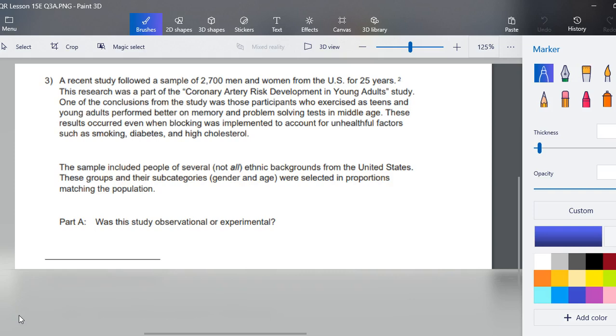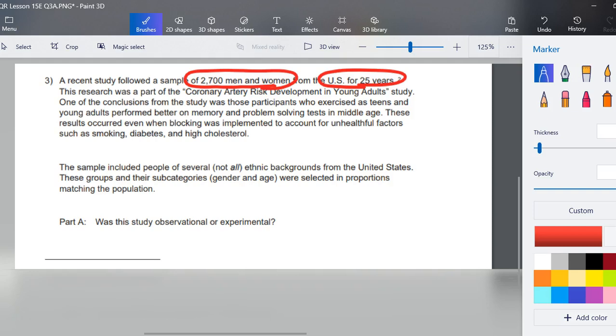So on question number 3, it says there was a recent sample of 2,700 men and women from the United States for 25 years. This research was a part of the Coronary Artery Risk Development in Young Adults study.